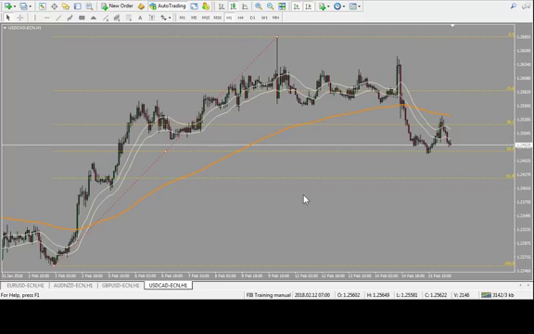But you've got to bear in mind that the higher the time frame, obviously, the more traders and orders are behind a move. So if you want to trade on a smaller time frame, you can't expect really big moves.